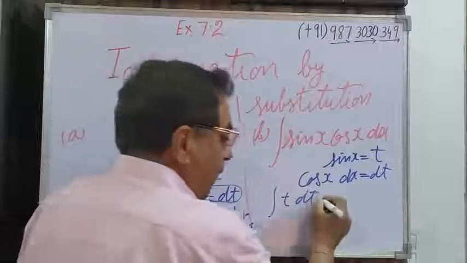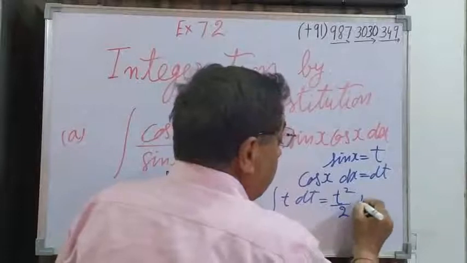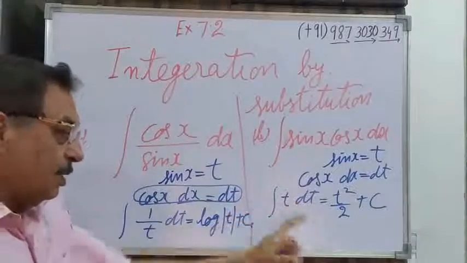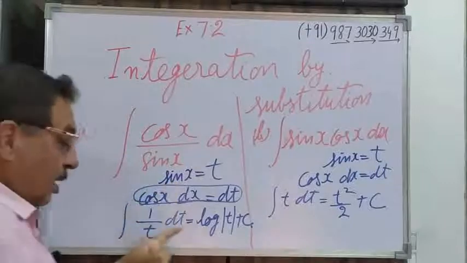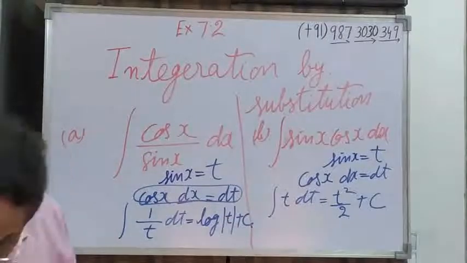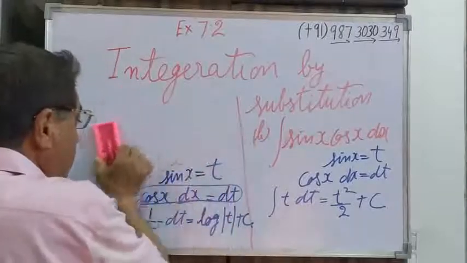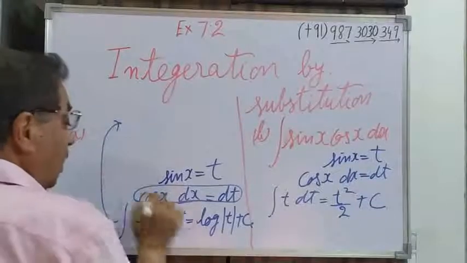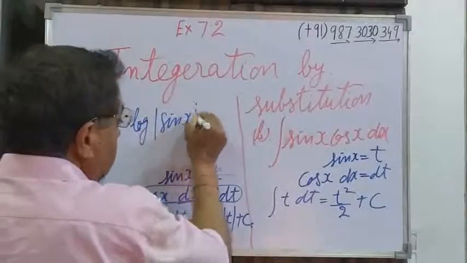Here the integration of t is t square by 2 plus c. We have integrated both sides. Now t should be replaced by the original function. In part A, log of t becomes log of sin x plus c.